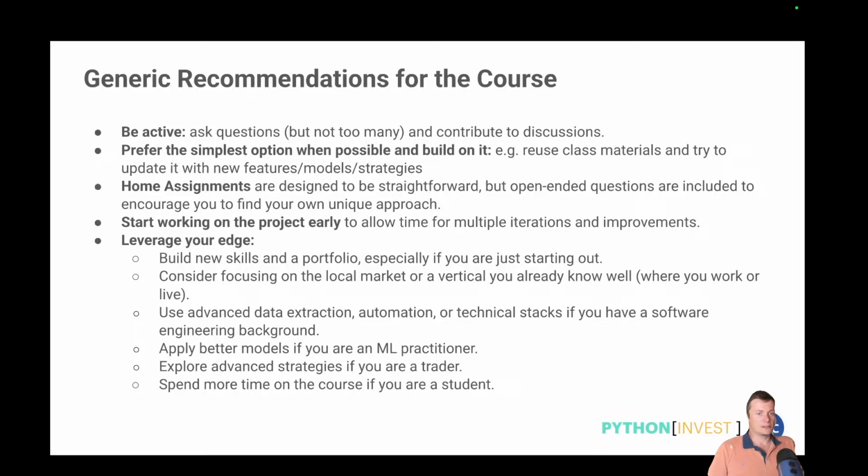And last but not least, leverage your edge. So if you're just starting out, build new skills and build a portfolio that will be helpful for your next job position. Then if you're already investing in some local market, consider choosing that specific market.